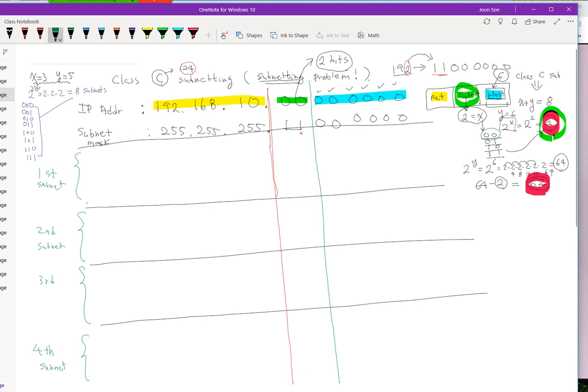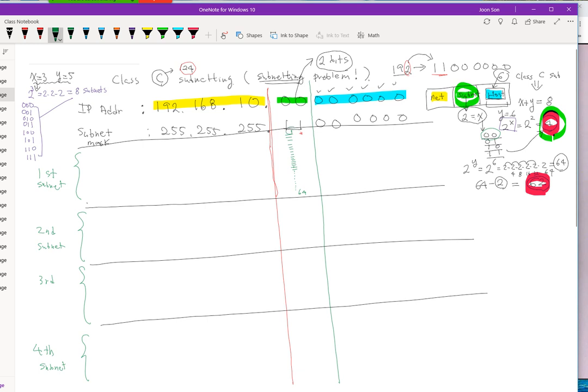By the way, how many apples per each bucket? 64, right? So basically there are 1, 2, 3, 4, and so on, starting from 1 all the way to 64 apples.